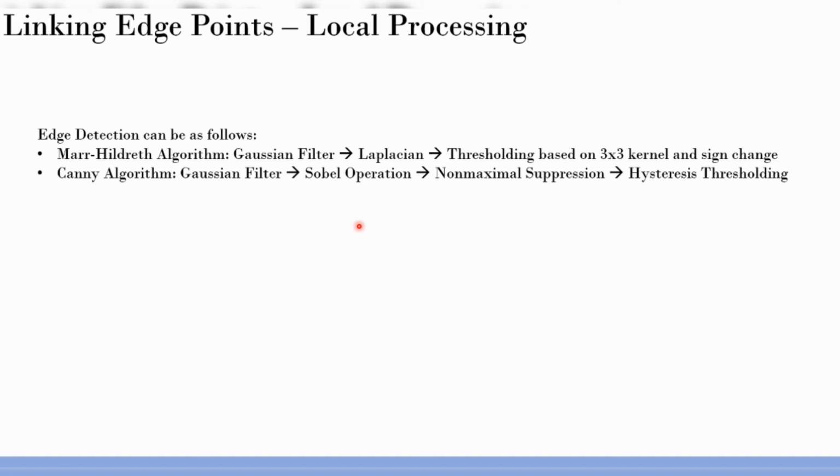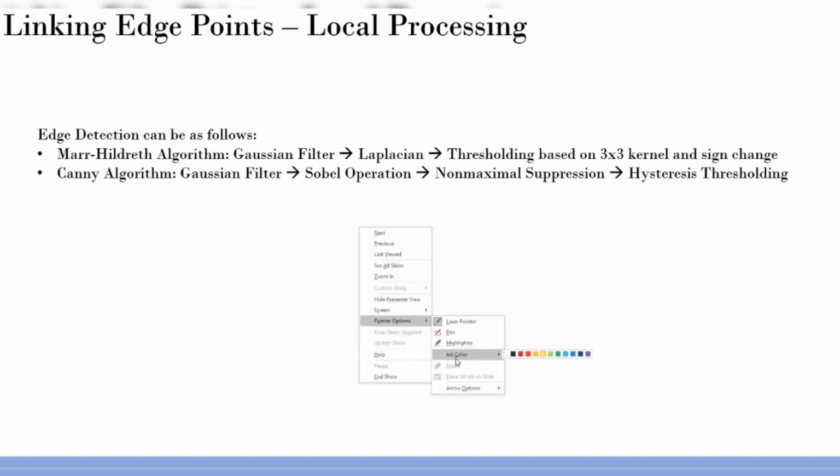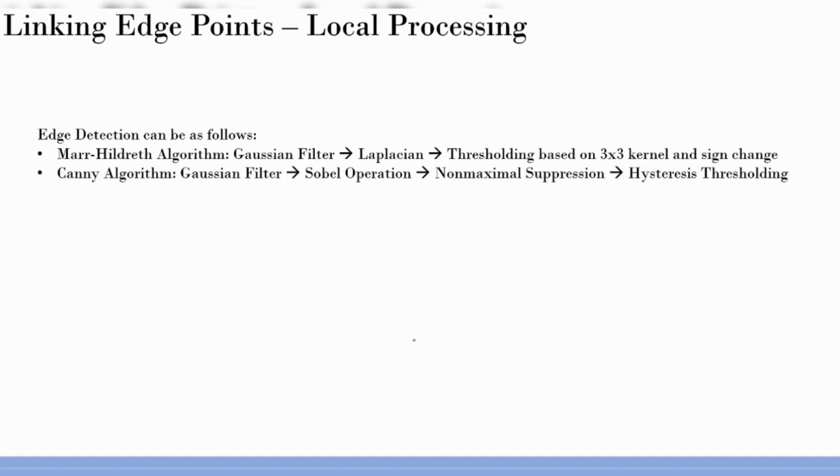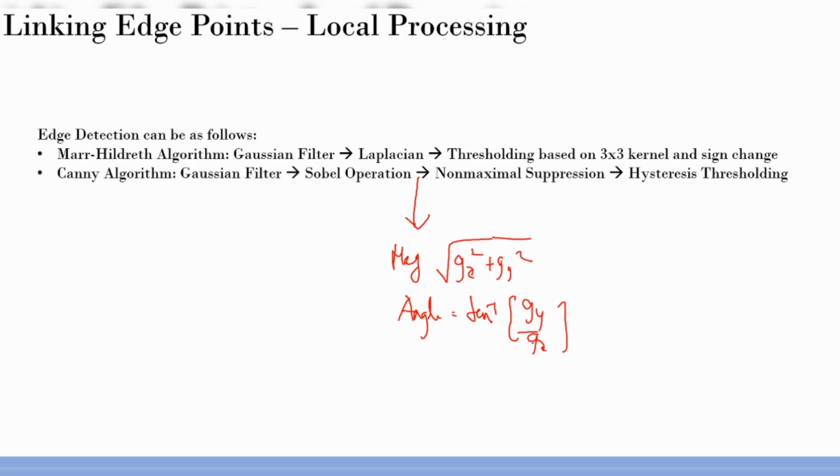So you already know, you do the x direction and y direction filtering, and the output of that is a magnitude image, the square root of gx square plus gy square, and the angle or phase image, which is nothing but tan inverse of gy by gx. So you have this, right?